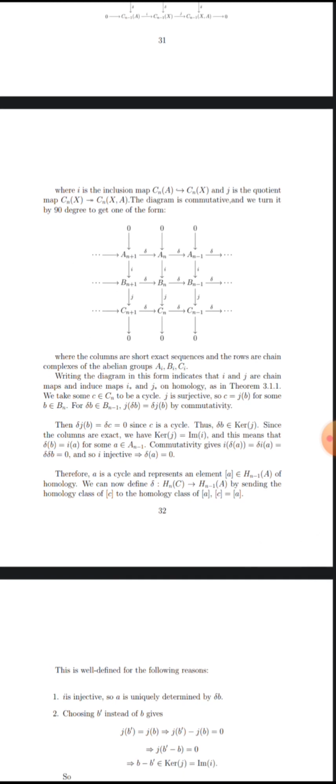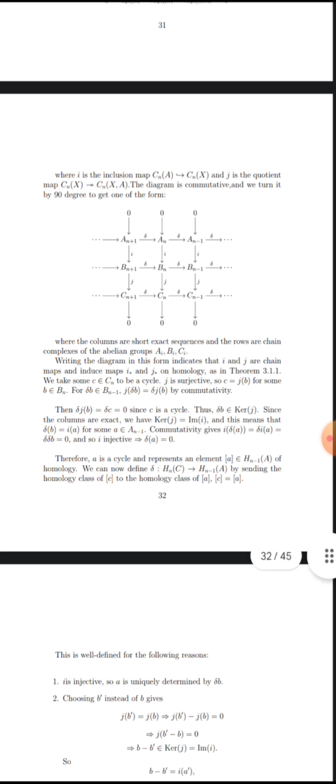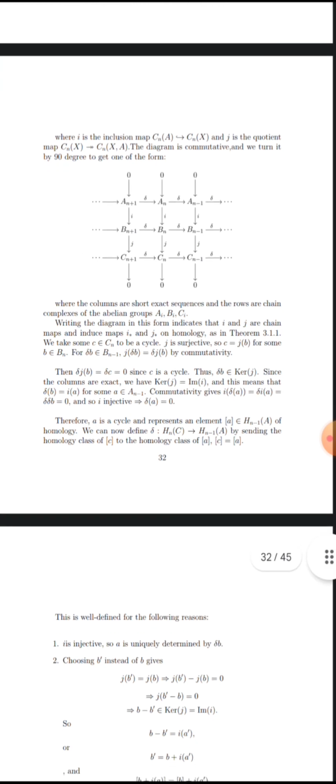Commutativity gives I of delta A is equal to delta I of A. This implies I of delta A is equal to delta delta B, which is 0. So since I is injective, delta A is equal to 0. Therefore A is a cycle and represents an element of Hn minus 1 of A in homology.